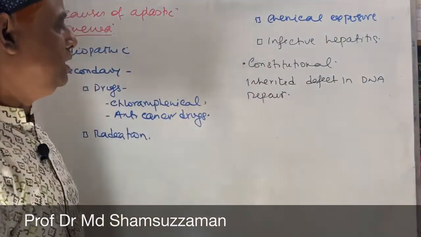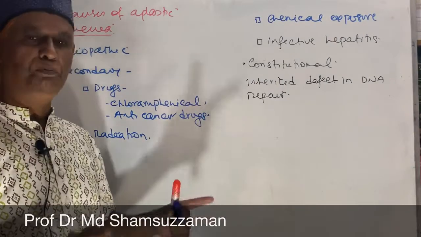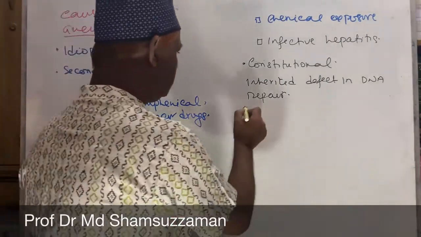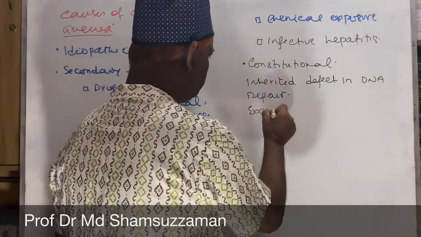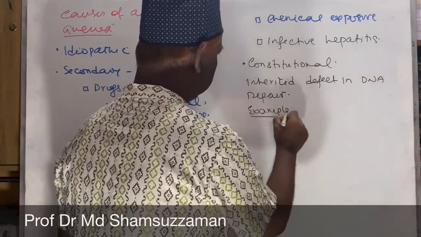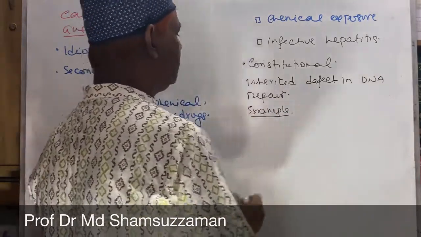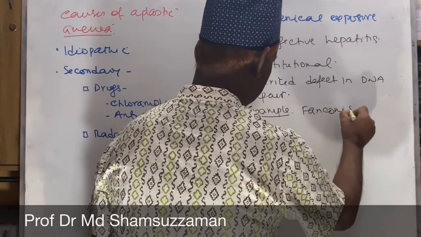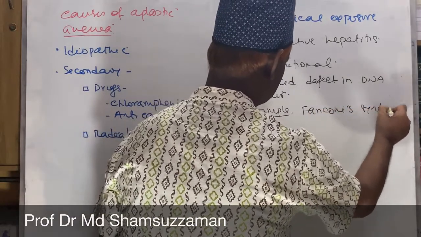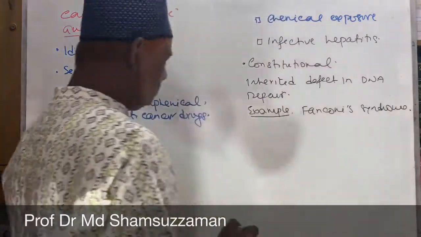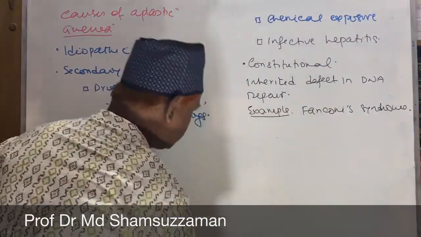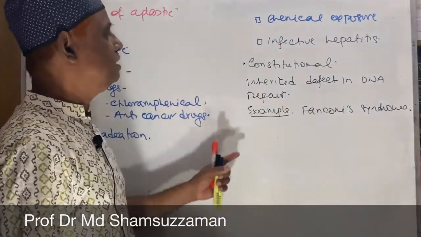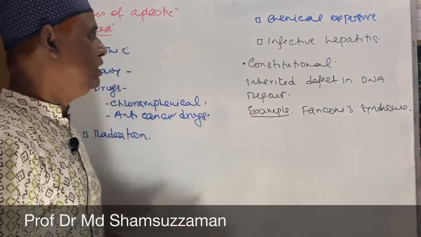An example of inherited defect in DNA repair is Fanconi's syndrome. So in Fanconi's syndrome, the patient develops aplastic anemia, and it is nothing but an inherited defect in DNA repair.